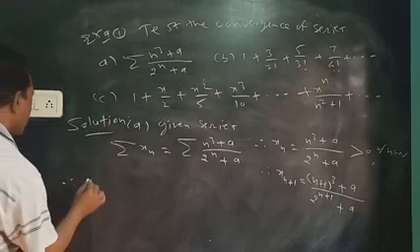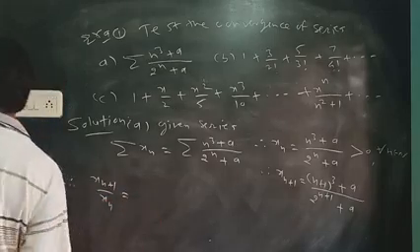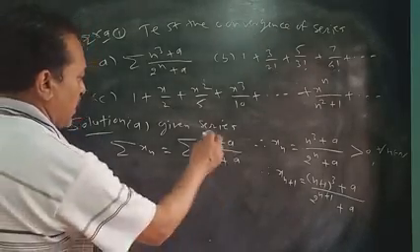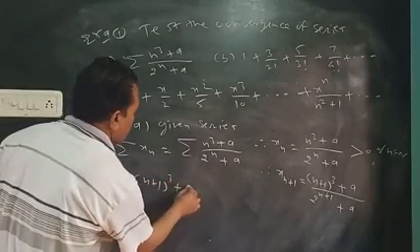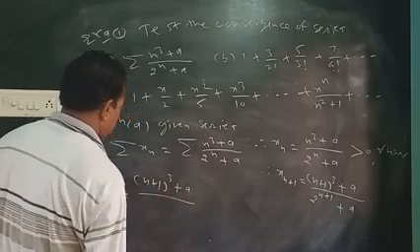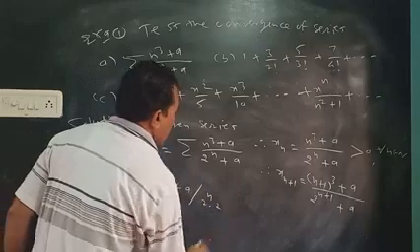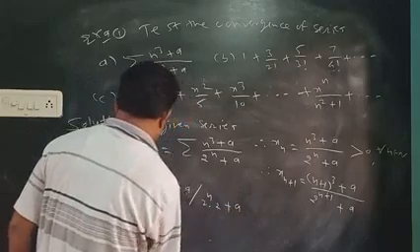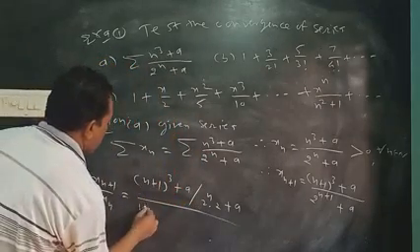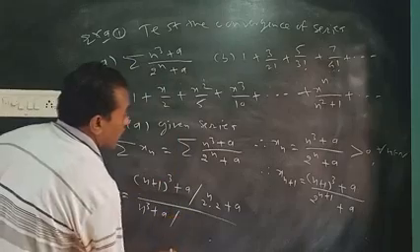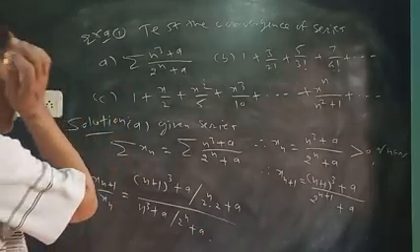Therefore, I want their ratio xn plus 1 upon xn, and then their limit. So first we find the ratio: n plus 1 cube plus a upon 2 raised to power n into 2 plus a, divided by xn, original n cube plus a upon 2 raised to power n plus a.